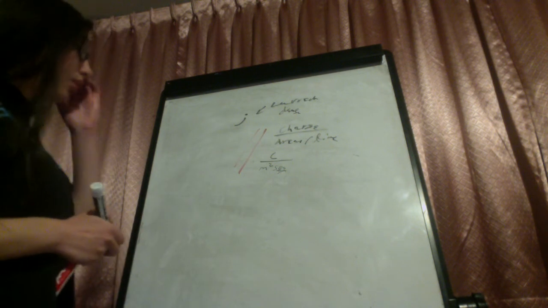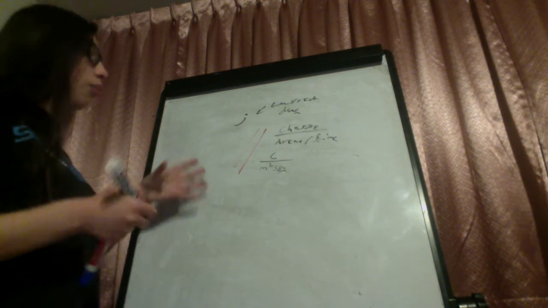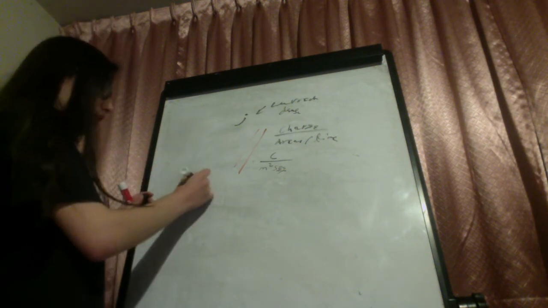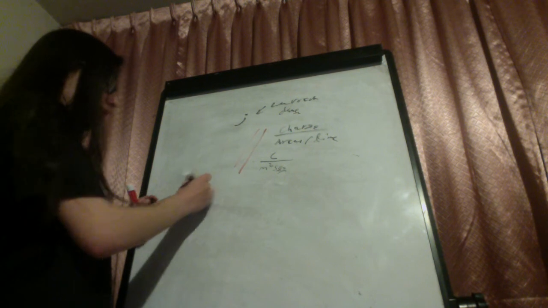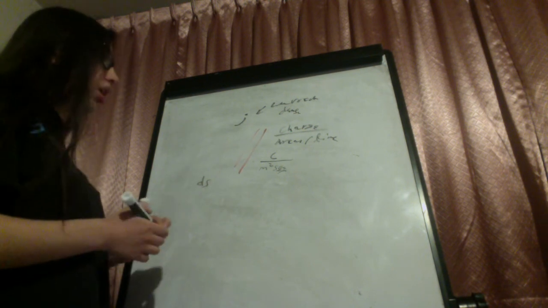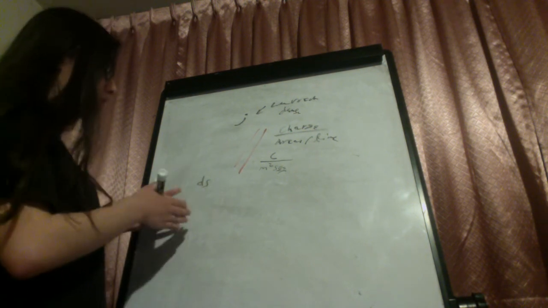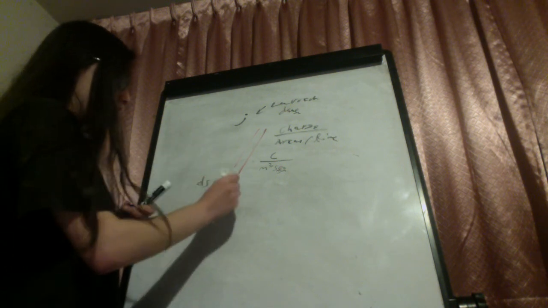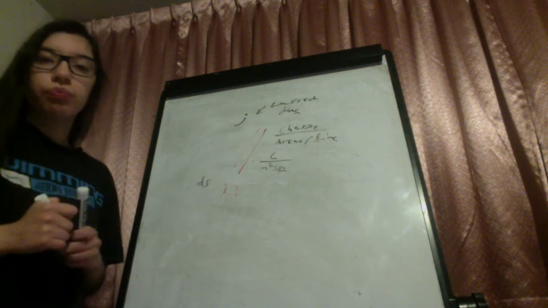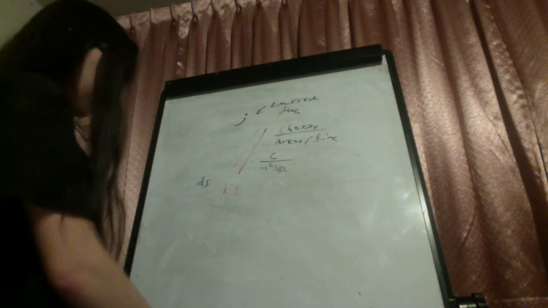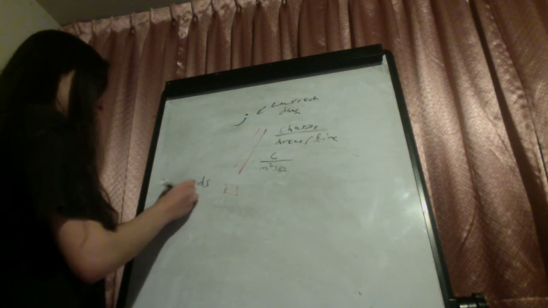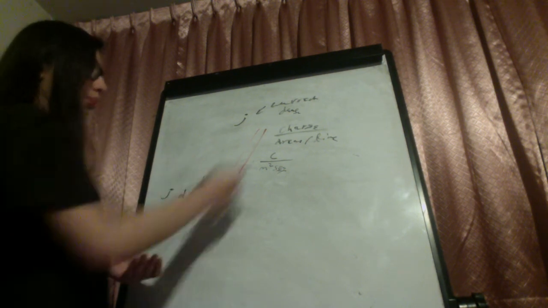Now, if I want to know how much charge I have, let's say I have a small, infinitesimal surface dS. If I want to know how much charge is flowing through this surface, then I just multiply the J vector with the dS, because if I multiply this times area, I would get just charge per time.